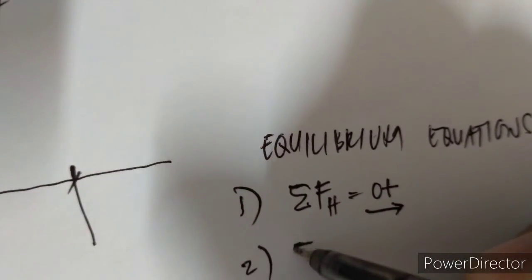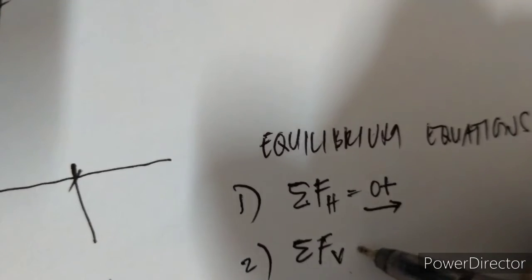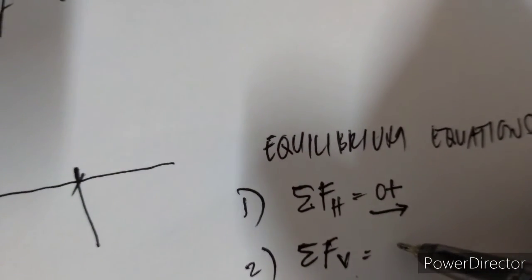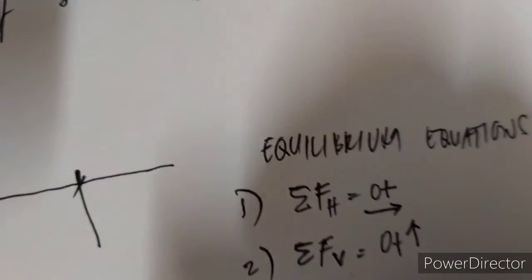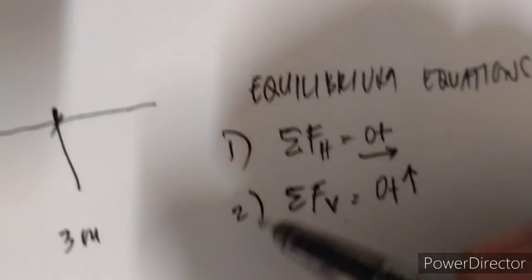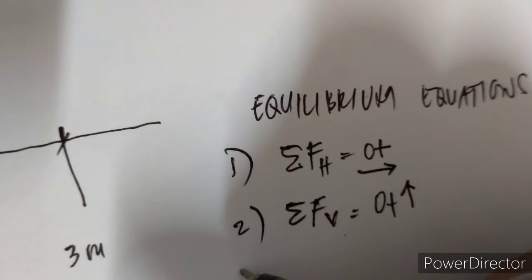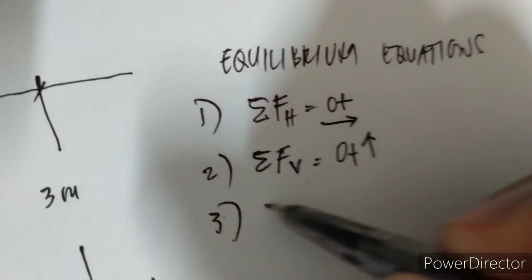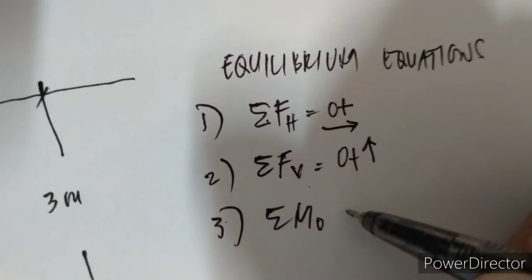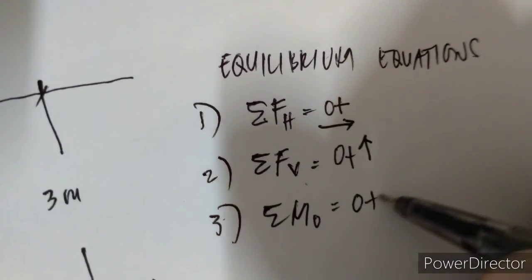Number two, summation forces vertical is equal to 0, positive going up. And we have the third equilibrium equation, summation moments at a certain point is equal to 0, positive clockwise moments.